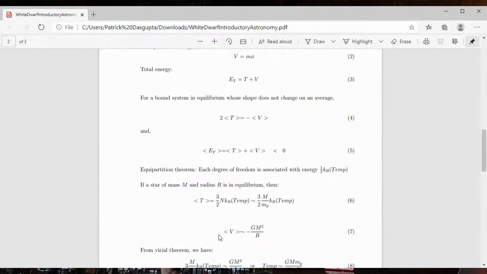Effectively, my time averaged gravitational potential energy of the entire star is minus G M squared by R, where M is the mass of the star and R is the radius of the star.